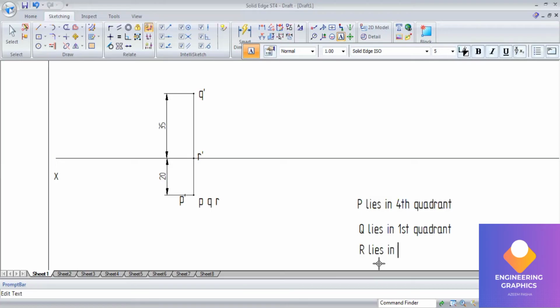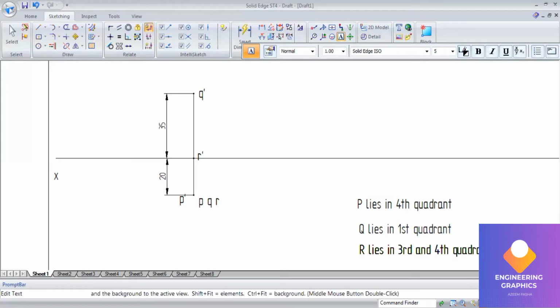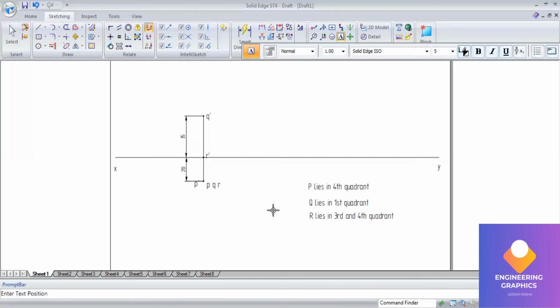Point R lies in either the third quadrant or the fourth quadrant. There are two chances here because it is resting on the HP plane. So that completes the first problem in the projection of points.